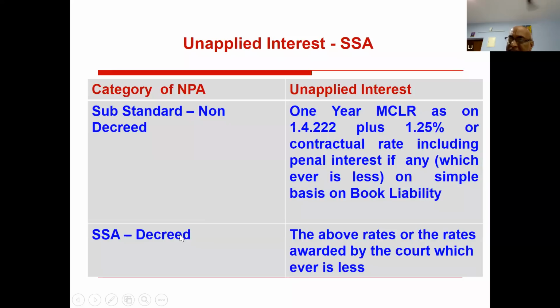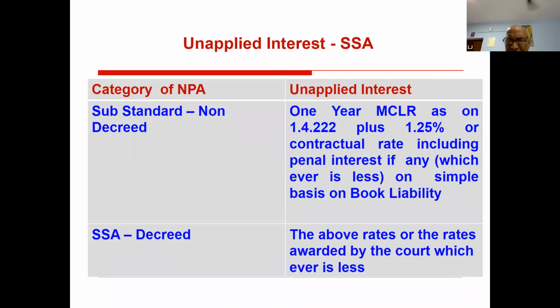Suppose it is an SSA decreed account, how will you calculate the unapplied interest? What you have to do? Among the three, the contractual rate plus penal interest, or MCLR plus 1.25, or the rate awarded by the court, whichever is the least rate of interest, you have to apply for a substandard decreed asset.